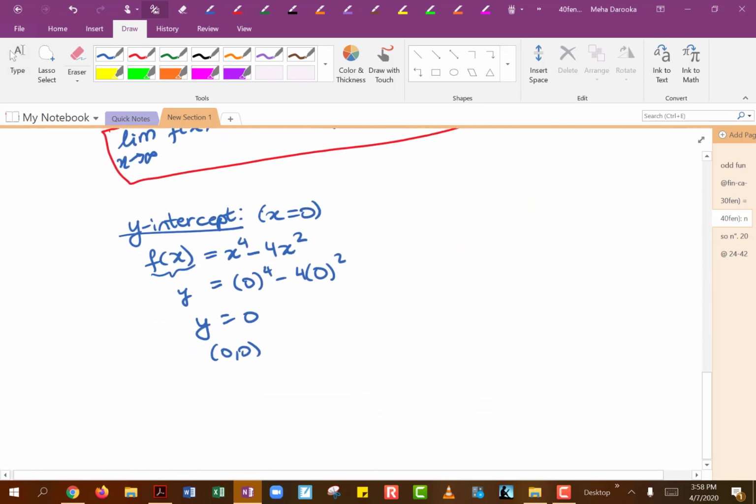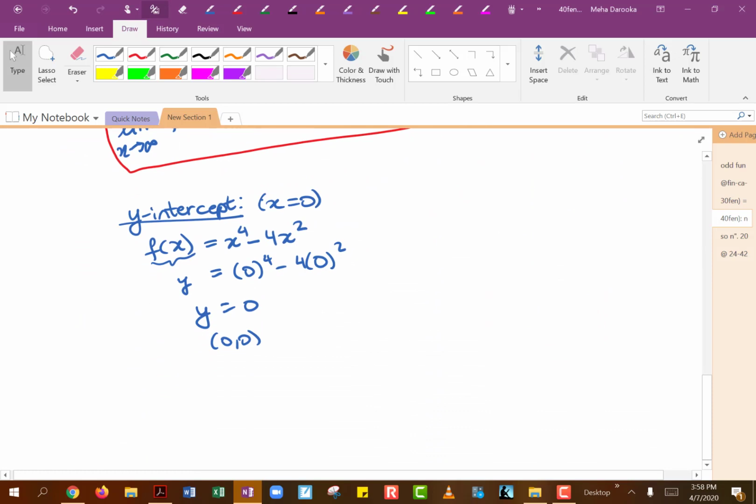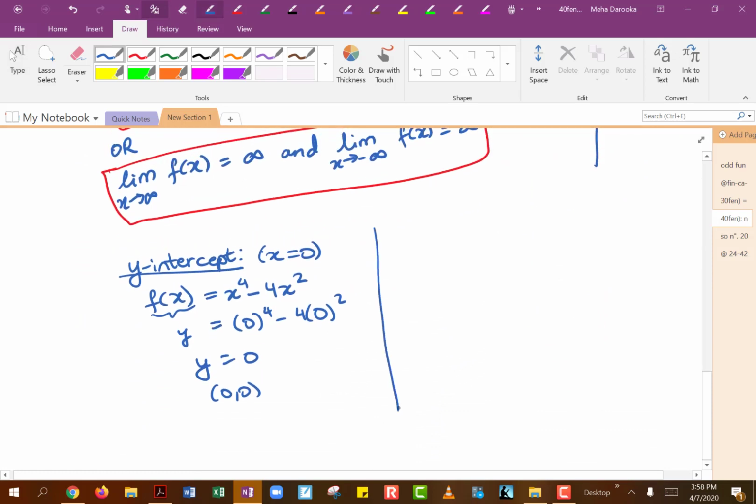So that's the same point, which is also your y-intercept. So before we get into graphing, the other thing I would like to do is draw a table and calculate some additional points. Okay, so how about let's start with -3, -2, -1, 0, 1, 2, and 3.